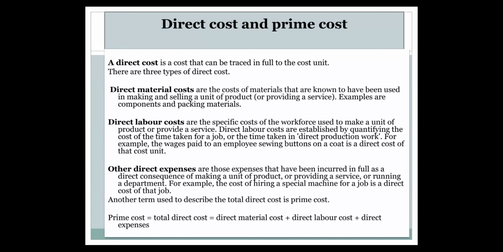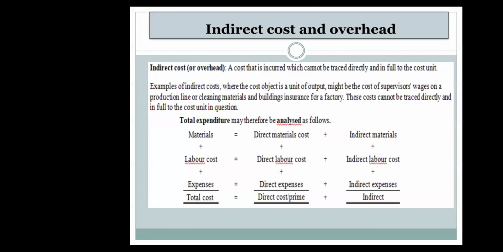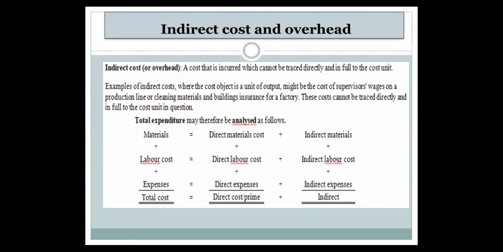This type of machine cost will also be incurred as a direct cost, and it will be part of prime cost. So the formula of prime cost will be total direct cost. Total direct cost includes direct material, direct labor, and other direct expenses. Here is the formula.